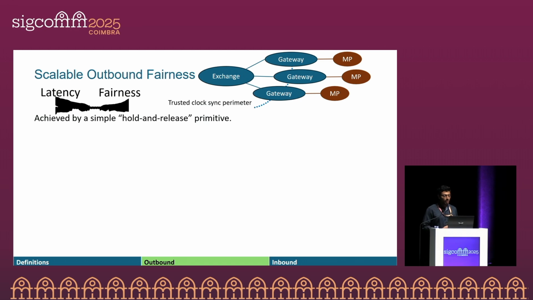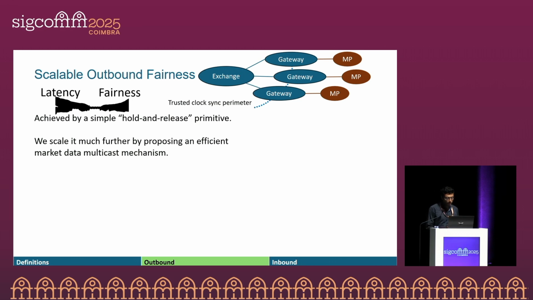You somehow want to break out of that. In the literature on scalable multicast, it's known that if you have tree-based topologies and communication patterns, it is possible to scale multicast much better. And this is exactly what we do in this work. We scale this problematic multicast by using a tree-like topology.